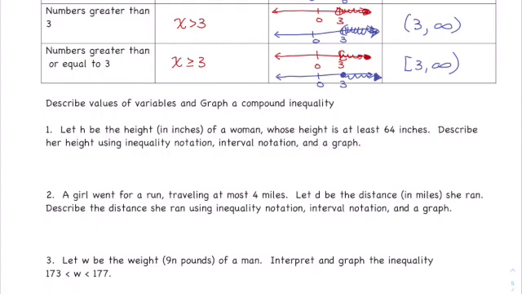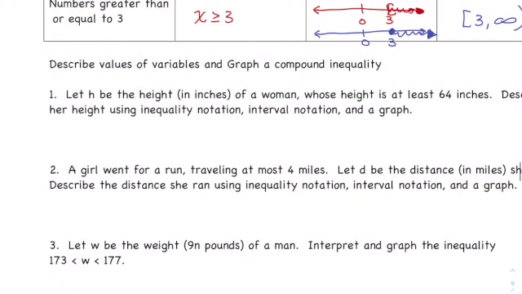So what we're going to do is talk about our inequality first. The inequality should be h is greater than or equal to 64, because they say at least. Since it's at least, you have to be a minimum of 64 and up.